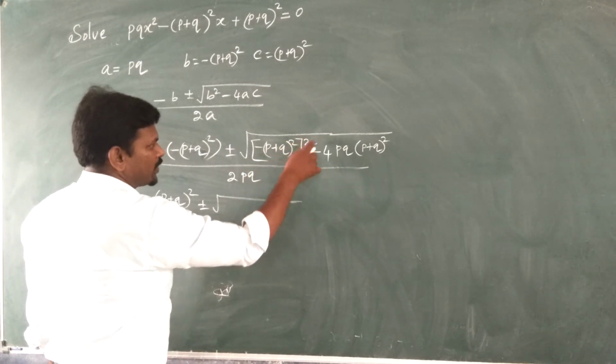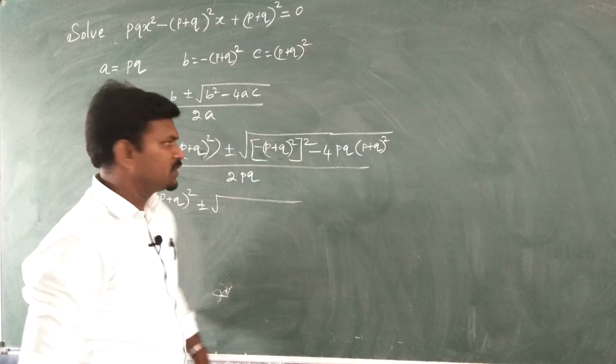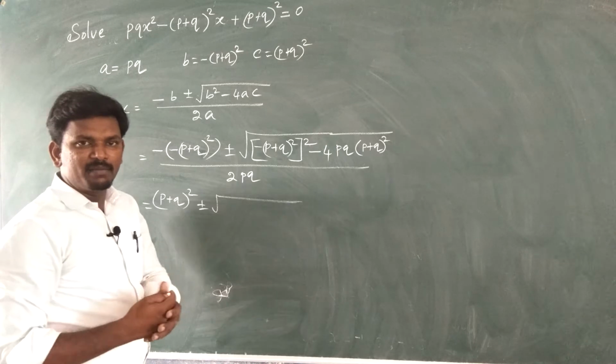When we take the square of any negative number, it becomes positive. So the square of any negative term is positive.